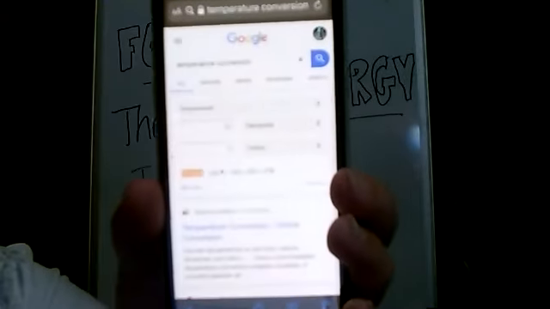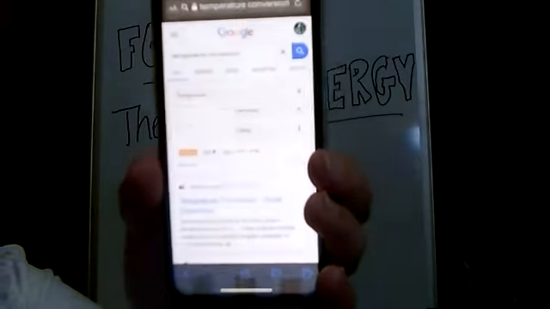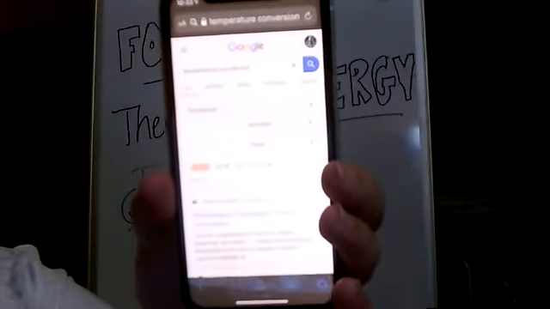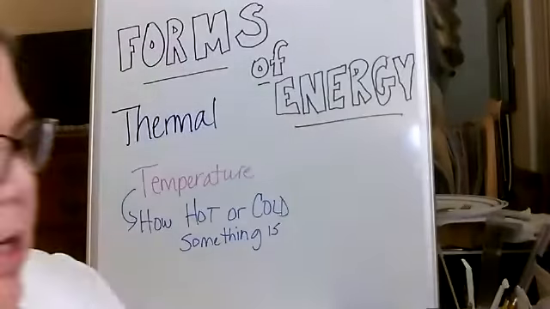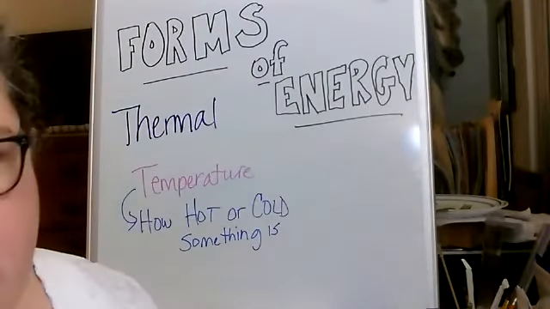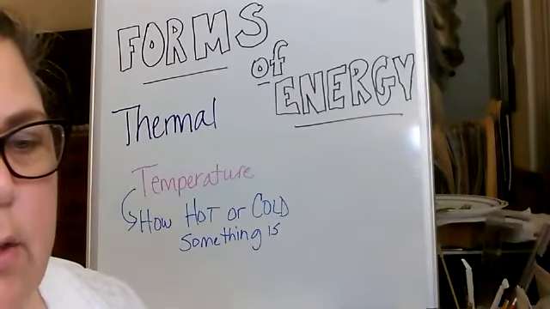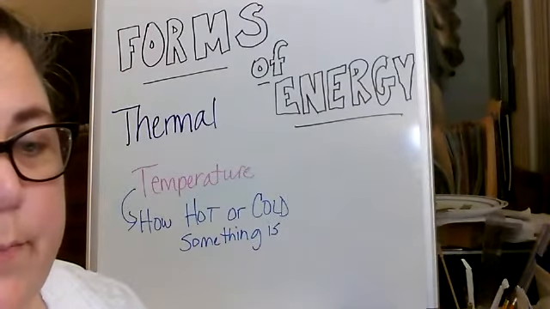And you can see right there, well, you can't see because it's all blurry. I guess I could, but I'm not going to. You put in your temperature. Let me do this where it's not going to be blurry.